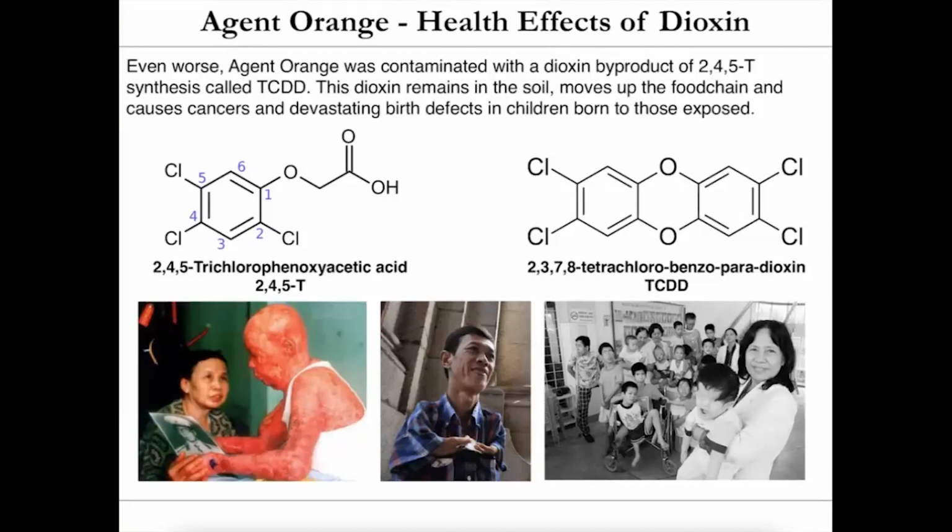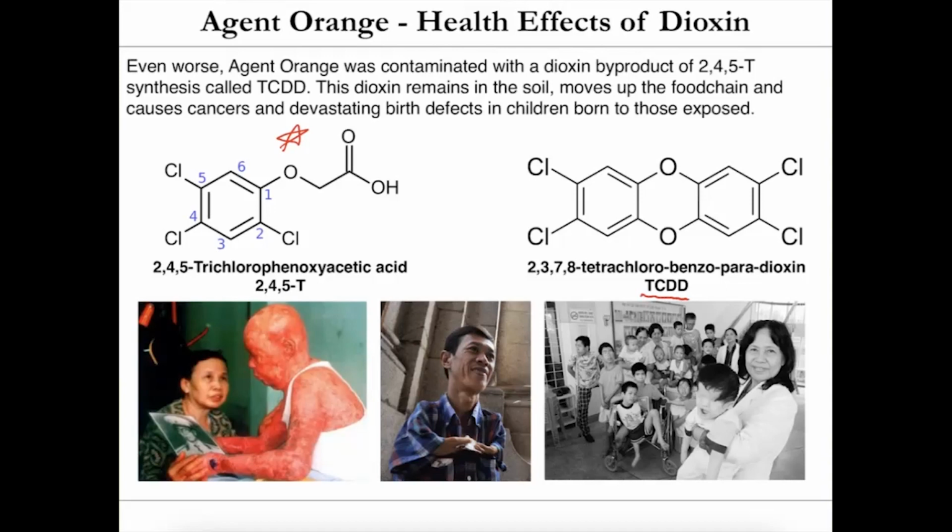So Agent Orange, when it was synthesized, was supposed to be just a clean mixture of 2,4-D and 2,4,5-T. So we have 2,4,5-T shown right here. However, when it was synthesized by these chemical companies, it was contaminated with a byproduct of 2,4,5-T called TCDD, or 2,3,7,8-tetrachlorodibenzo-p-dioxin.